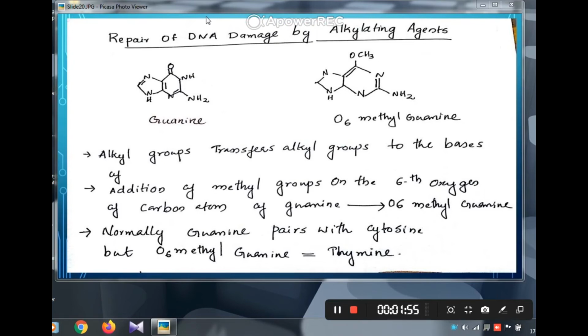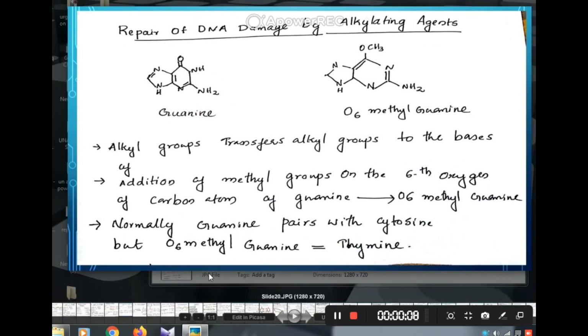Alkylating agents transfer alkyl groups to the bases, such as the addition of a methyl group on the O6 oxygen of guanine. You can see the 6th oxygen getting alkylated, and it becomes O6 methyl guanine.